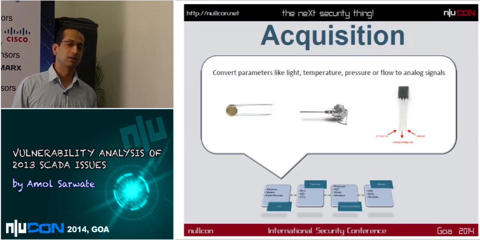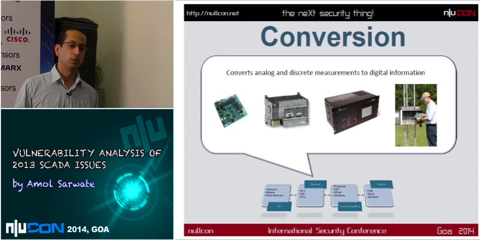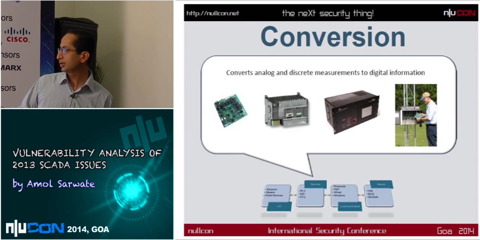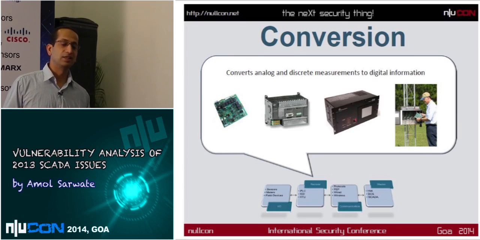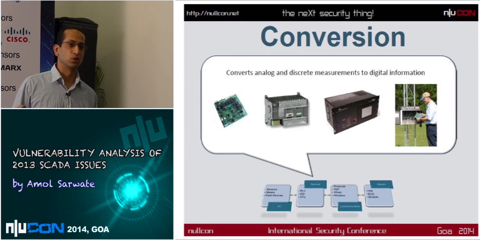So these are basically data acquisition components which have a two-way communication with the next component, which is the data conversion component. These components include things like PLCs, IEDs or RTUs. A PLC is a programmable logic controller, which is nothing but a circuit board. IED is what they call an intelligent electronic device, which is again just a glorified form of circuit board, and RTU is a remote terminal unit.